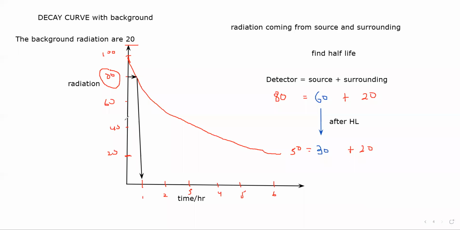So when I'm finding the half-life in this case, I will not draw a line from 40, even though half of 80 is 40. I will draw a line from 50 and find the time interval. When the detector reading was 80, the time interval was 1 hour. When the detector reading is 50, the time interval is 2 hours.